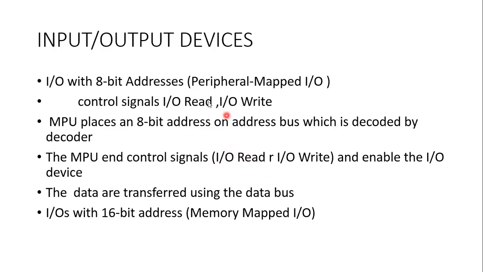When the signals are low, it enables the I/O devices. The third step is that the data are transferred using the data bus. The data bus is bidirectional, therefore it reads or writes using this data bus. So these are the three steps.